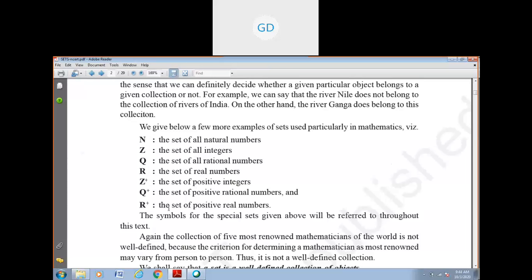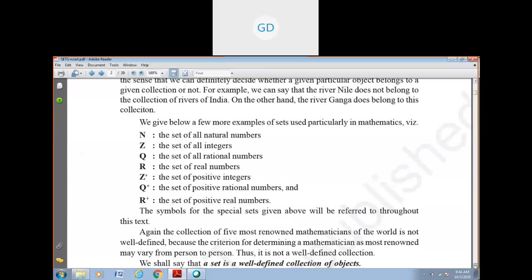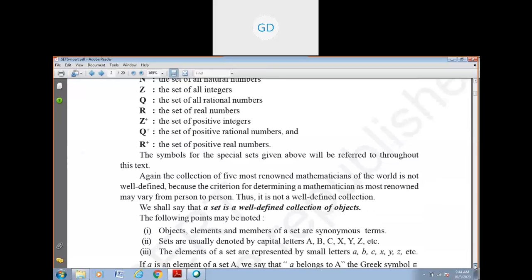Similarly Q rational, R real, and the set of complex numbers is represented by capital C. It is not given here. Anyway, these are just names of some standard sets.